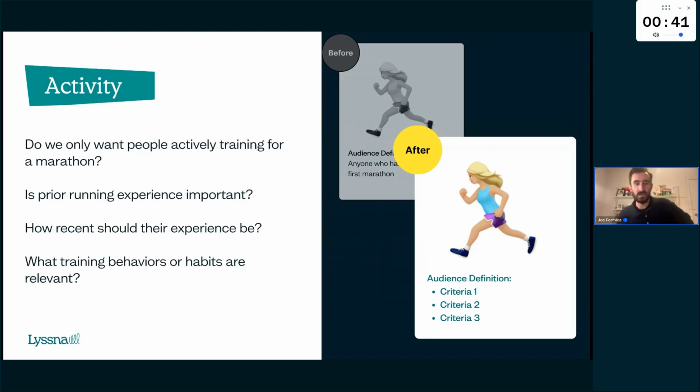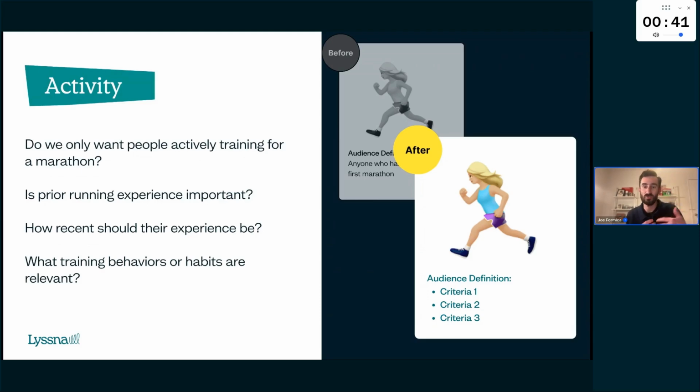So some things to think about. Do we only want people who are actively training for a marathon, or do we want people maybe who have trained for a marathon in the past? Is their prior running experience important? Is that something we should factor into this? How recent should their experience be? Are there any training behaviors or habits that are relevant, maybe?